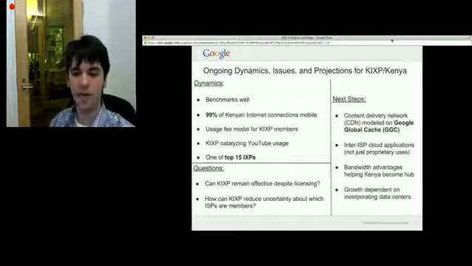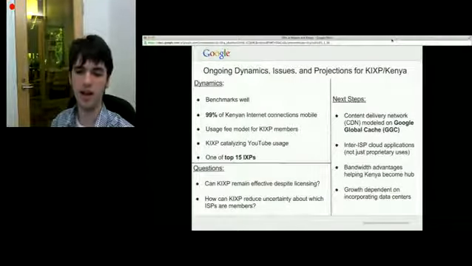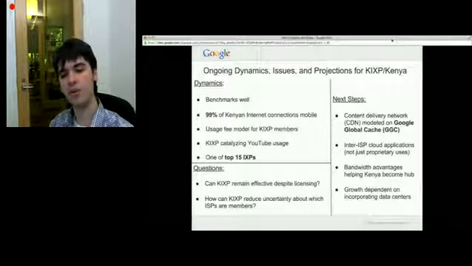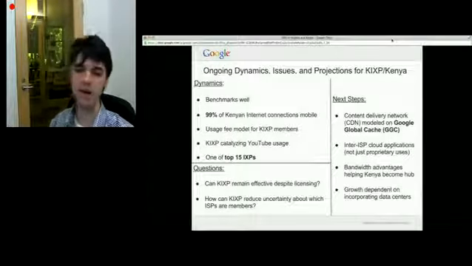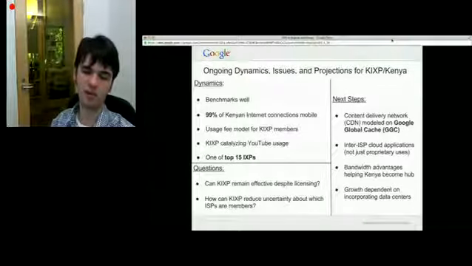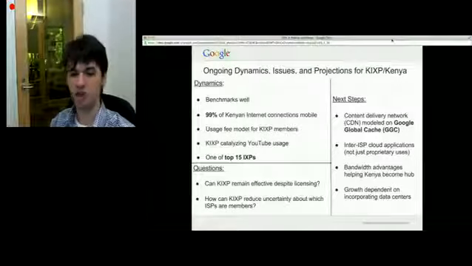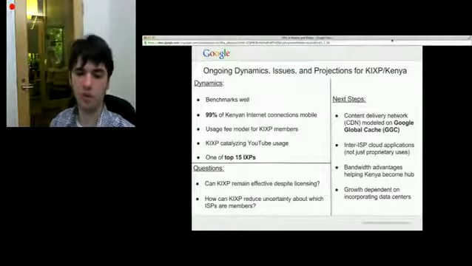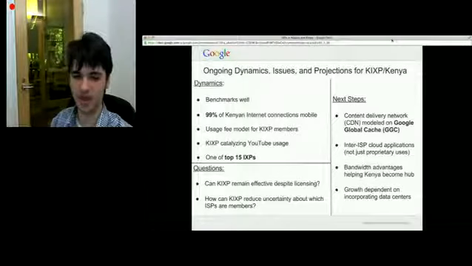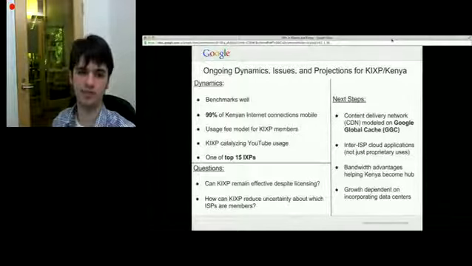Bandwidth advantages, hopefully, will assist Kenya in becoming even more of a hub. But something important to note is that all this growth is dependent on IXP not just being a warehouse, but being more than a warehouse. So, incorporating more data centers and accruing more infrastructural capabilities as a part of its offerings in the internet space.